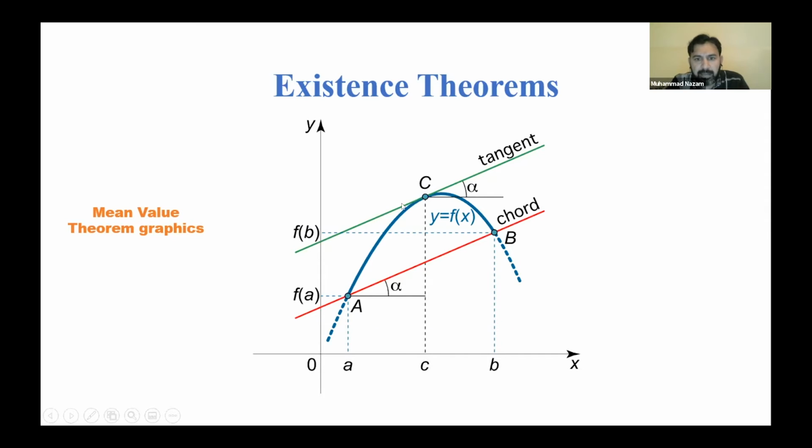We draw the tangent line at C. You see that the tangent line and the chord, that is the secant line, are parallel, because the angle alpha which the secant line makes with the horizontal is equal to the angle alpha which the tangent line makes with the horizontal. So both lines are parallel. This is, in fact, the basic requirement for the mean value theorem. It always happens. When it does not happen, then the mean value theorem is not applicable there.